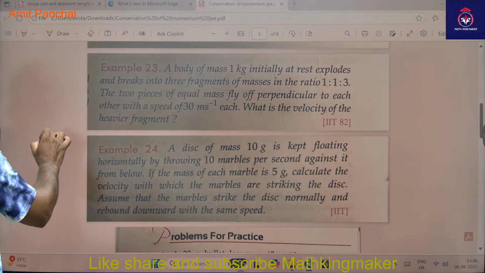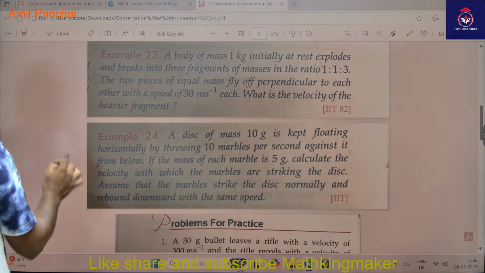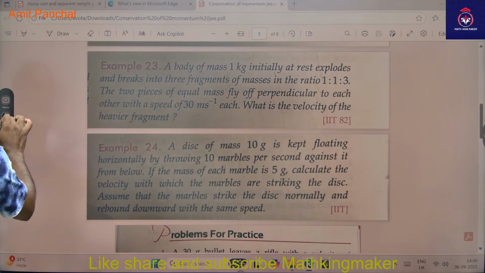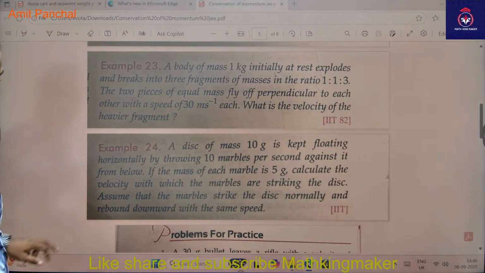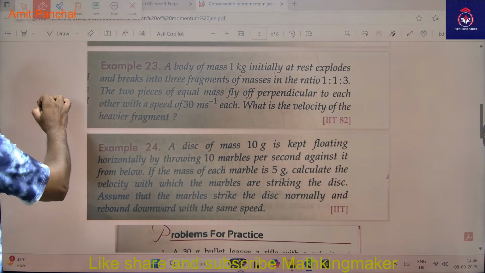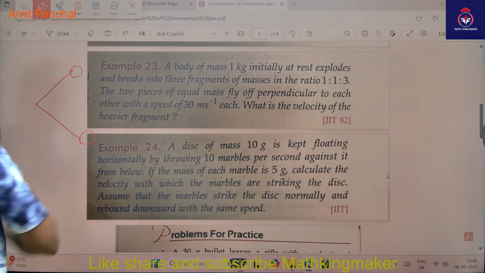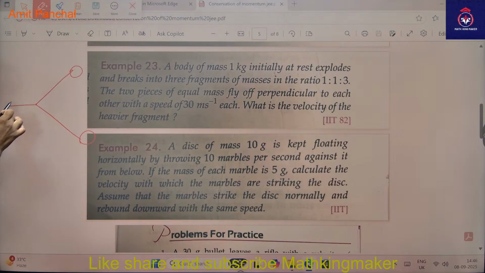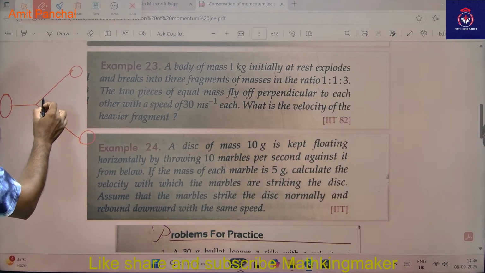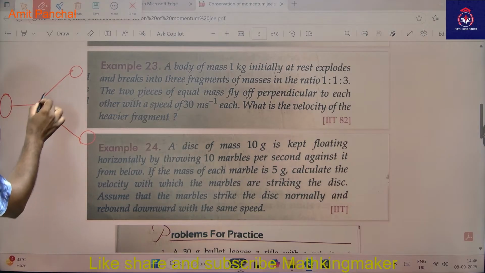Two pieces are going perpendicular to each other, and the other, the heavier one, let us say is moving like this. So the angle between these two masses is 90 degrees.